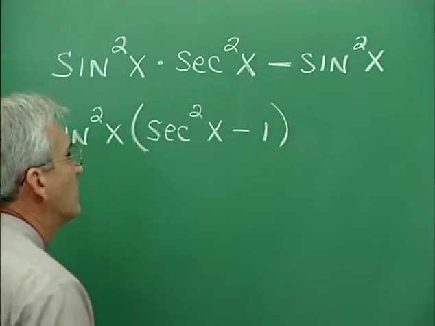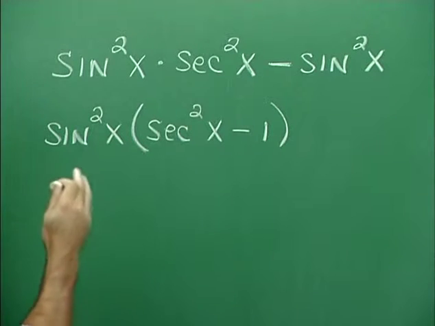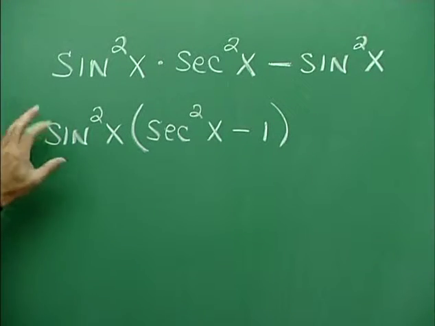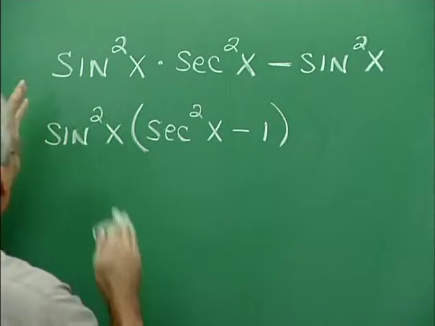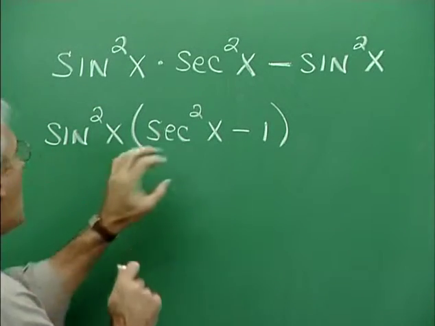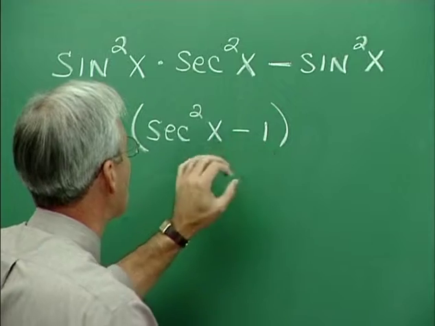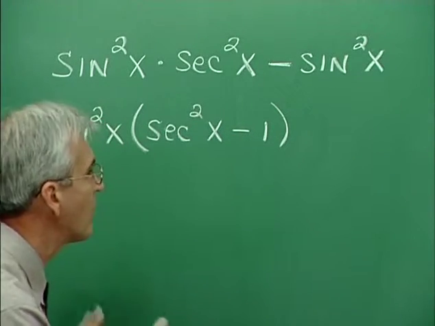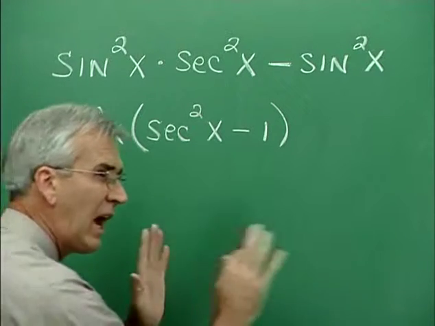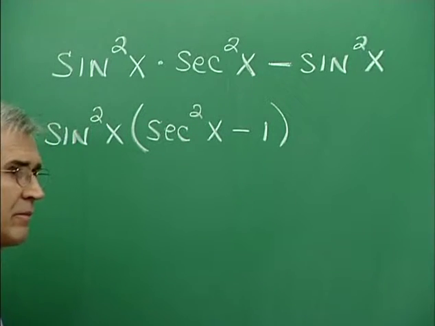So we get this. Now, how can we simplify from here? Well, of course, I could look at this and try to rewrite it in some other way, but no, I want to look over here. Secant squared x minus 1, that looks vaguely familiar. It might be related to one of the Pythagorean identities. It kind of looks like something I remember in the past.